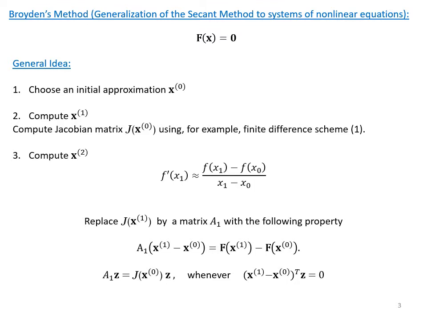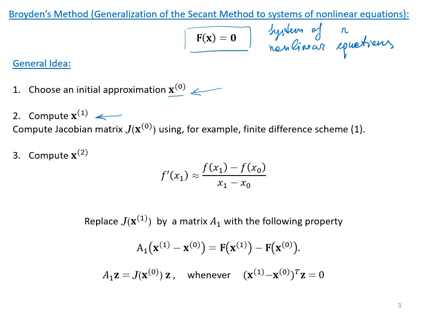Let me describe how Broyden's method works. Assume that we want to solve a system of n nonlinear equations. Our general idea of the method is the following. First, we choose an initial approximation x0. Then we compute the next approximation x1 the same way as in Newton's method.